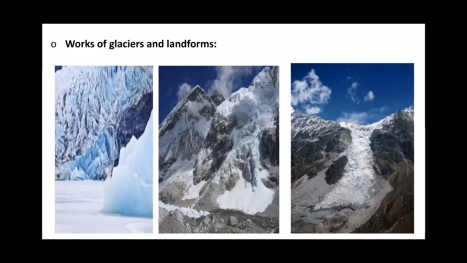That is, whenever the temperature is below the freezing point, we can see snowfall. The layers of snow that get collected on the earth's surface because of snowfall, the heavy weight of these overlying layers makes the snow move along the slope.